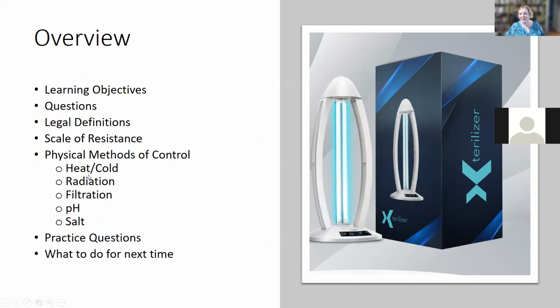We're going to talk about what I call the scale of resistance, or groupings of microbes and how hard or how easy they are to control in the environment. Then we're going to talk about some physical methods of control: temperature, including heat and cold, radiation, filtration, pH, salt. Interspersed will be practice questions, and then we'll go over what to do for next time.